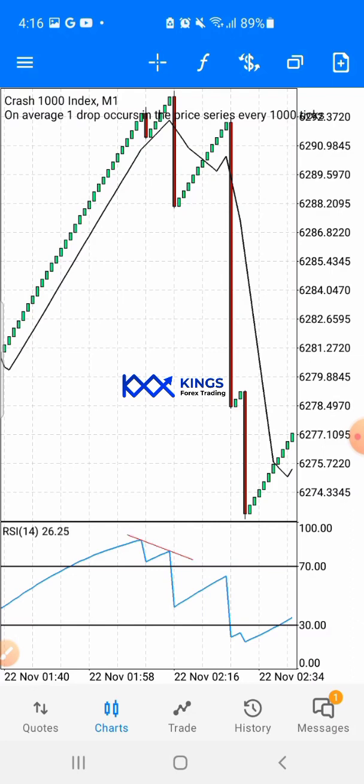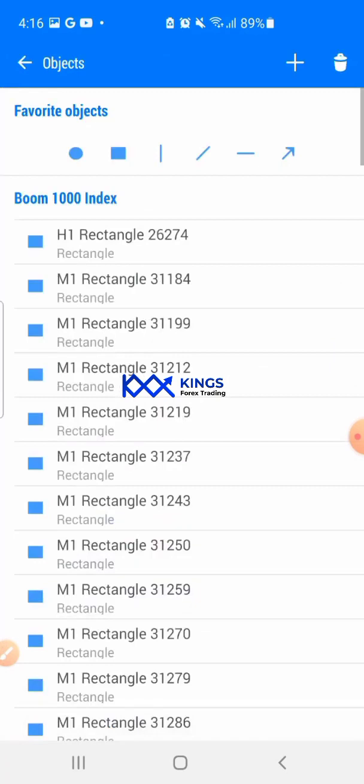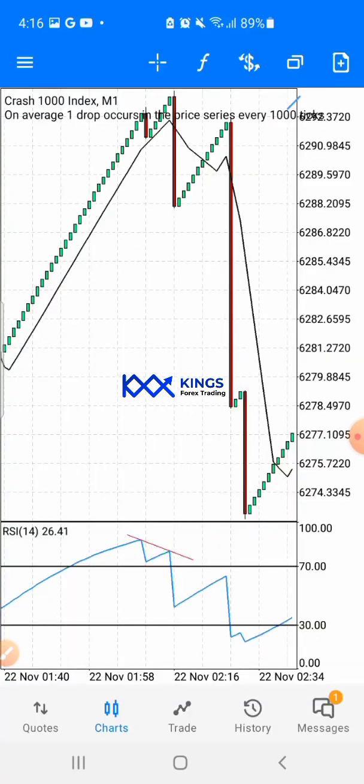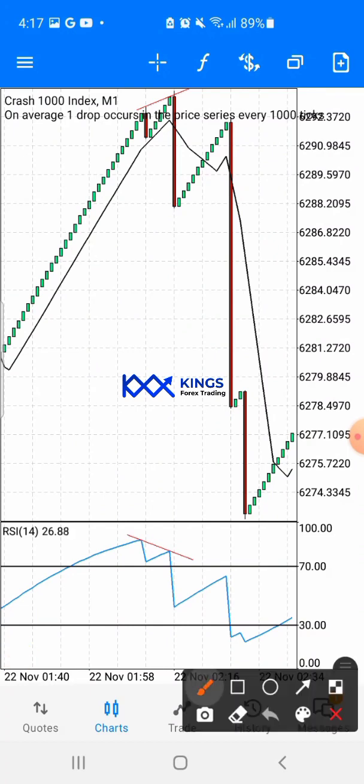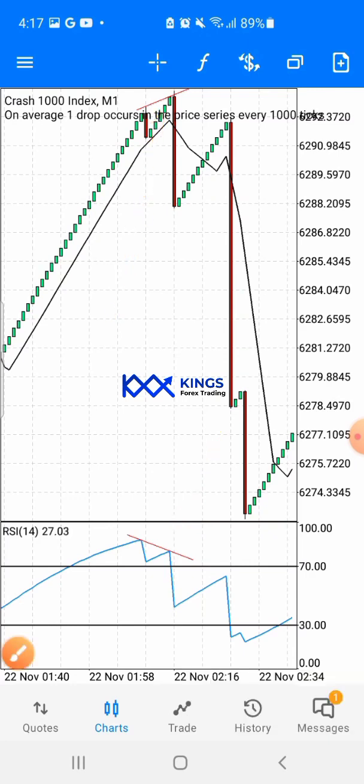That's what RSI is showing, that the momentum is down, while our main chart is giving us a higher high, which is the opposite of what we had in the RSI window right here. So what we have here is different from what we have here. That's divergence for you.